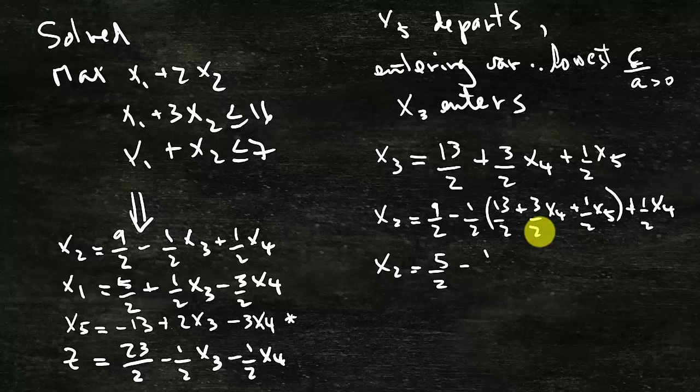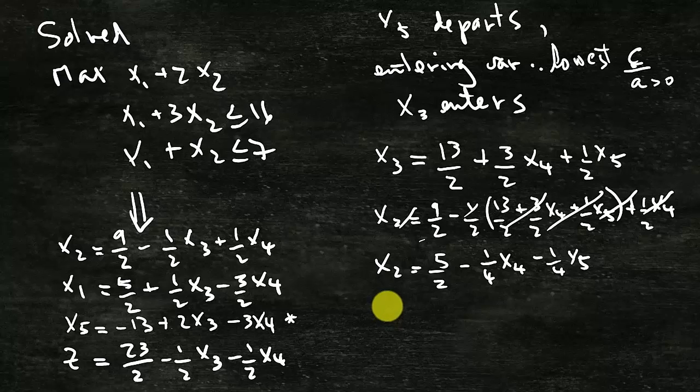Be careful here. Minus 3/4 plus 2/4 is minus 1/4 x4 minus 1/4 x5.